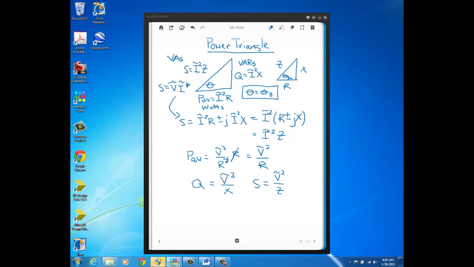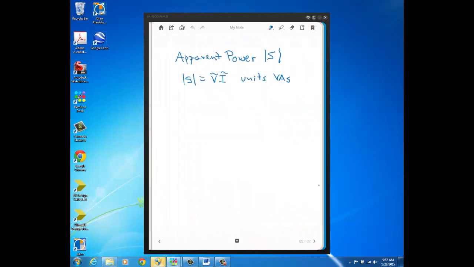So that's just a quick little review of the units for the various powers that we have. Now, a couple other expressions that we have for P average and Q.